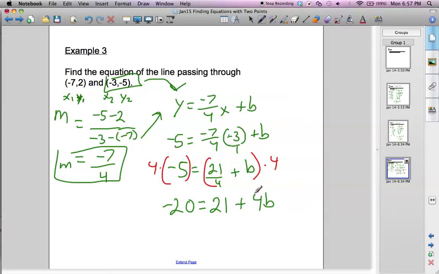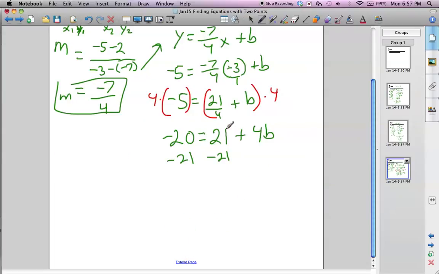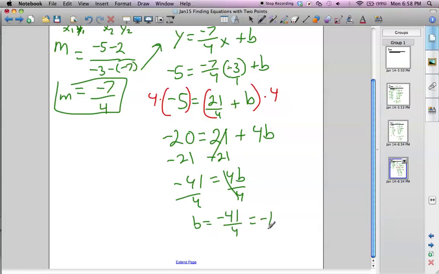And now we have a simple equation with no fractions. So we're going to subtract 21 from both sides. Get negative 41 equals 4b. Then divide by 4. We get b equals negative 41 out of 4, which you could also write as negative 10.25.